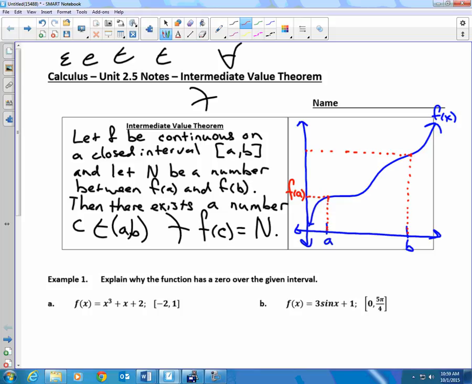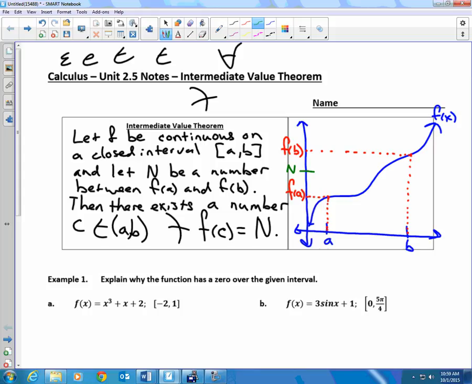What's that number? F of B. There is a number n. And how does n compare to f of A and f of B? It's between them. So I'll put n right here. Okay, so that's the setup.